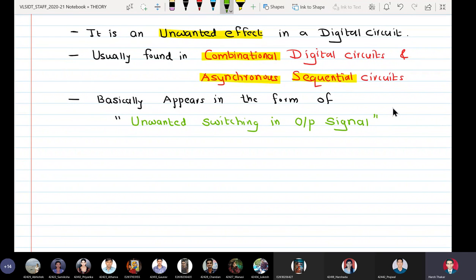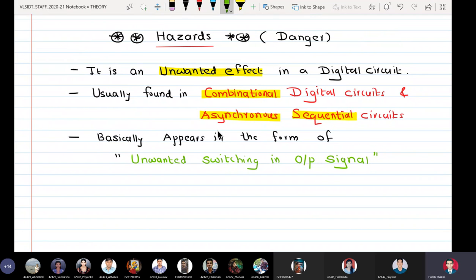Please note this: although we will see that there are different types, you will still see unwanted switching in the output.